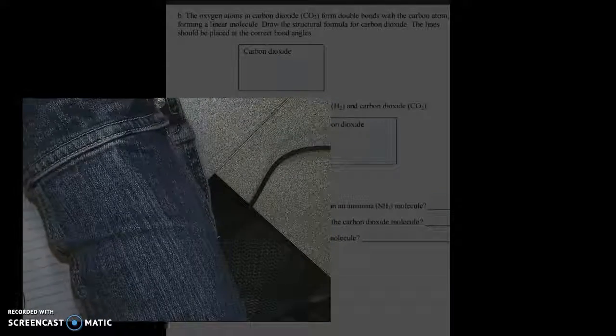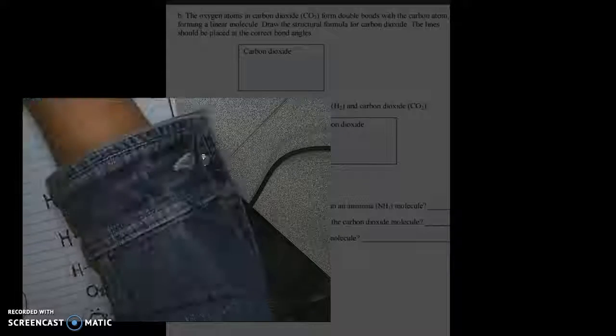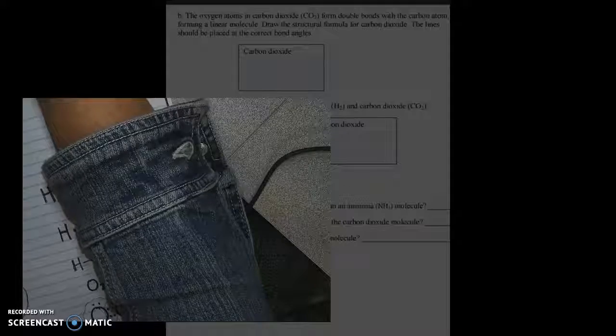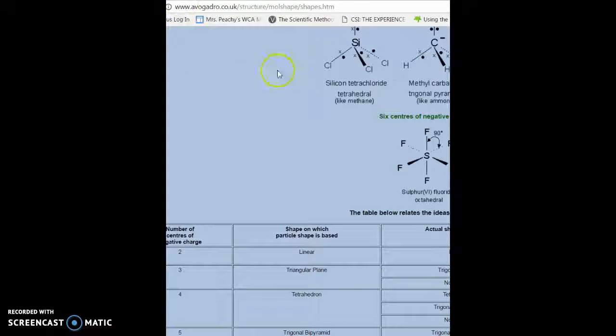So what I'm going to recommend is you go to a website. And here's an example of one that you can use. This one is www.avogadro.co.uk/structure/molshape/shapes.html.